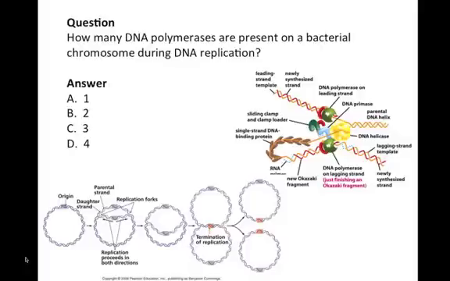And at each replication fork, you have your leading and lagging strand being replicated. So this machine here, sometimes referred to as the DNA polymerase holoenzyme, contains 2 DNA polymerase enzymes. So each replication fork contains 2 DNA polymerases, and there are 2 replication forks, so it's 4.